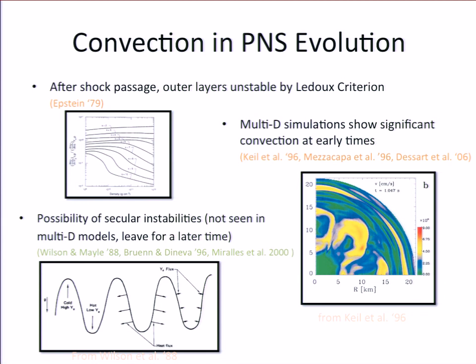People have done comparisons at early times of 1D models with some sort of mixing length scheme to multi-D models, and there's actually very good agreement. So we're pushing this out to later times when this agreement really hasn't been tested, but I think it's probably safe to do, and it's as good as you're going to do out to late times for the time being.